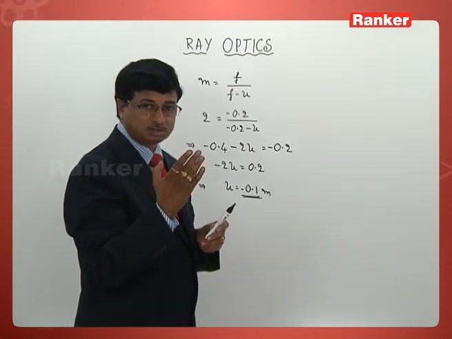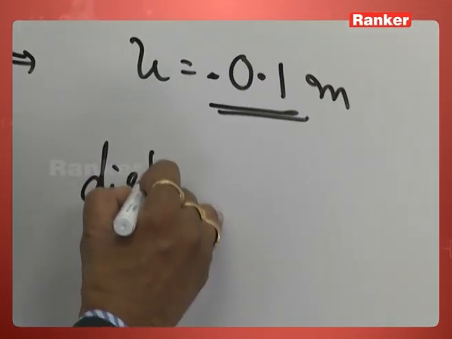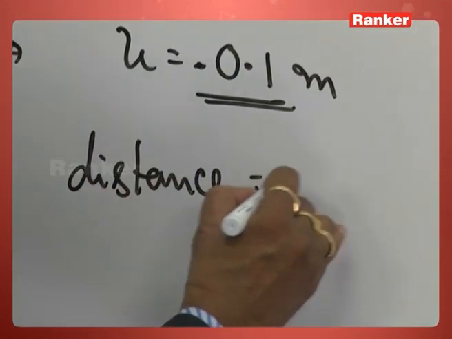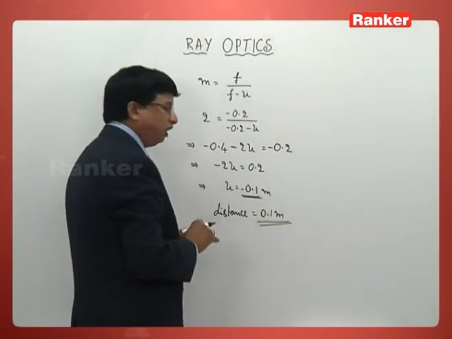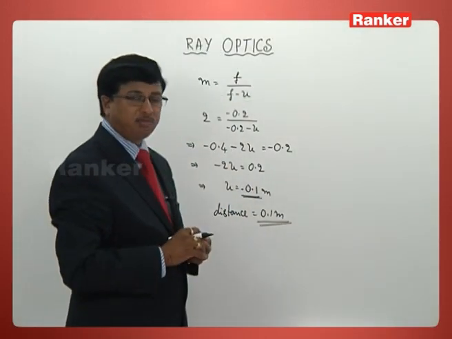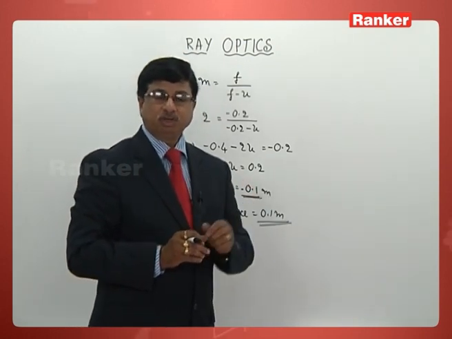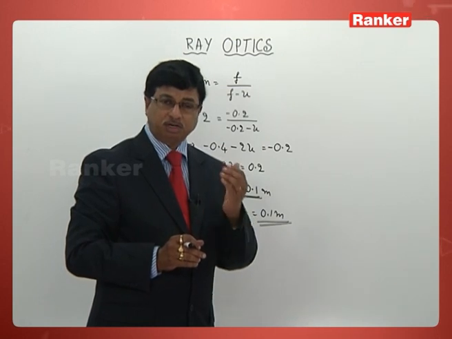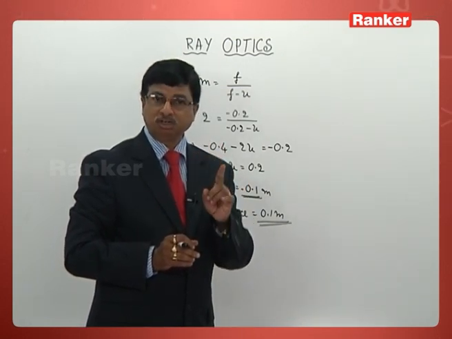That is the concept. So what can we write now? Distance is equal to 0.1 meter. So at what distance it is supposed to be held so that the magnification becomes twofold? That is the question. So at what distance we have to place the mirror means it should be placed at a distance of 0.1 meter as such.